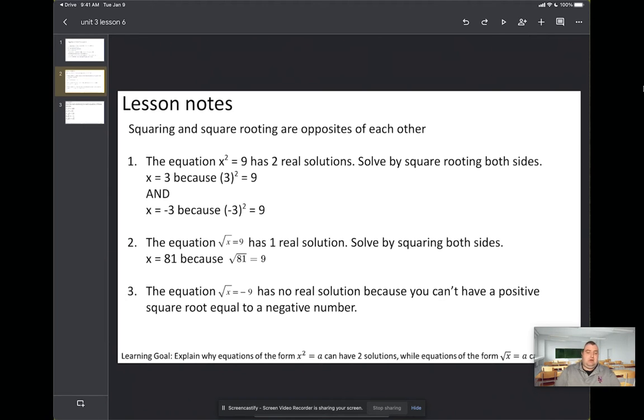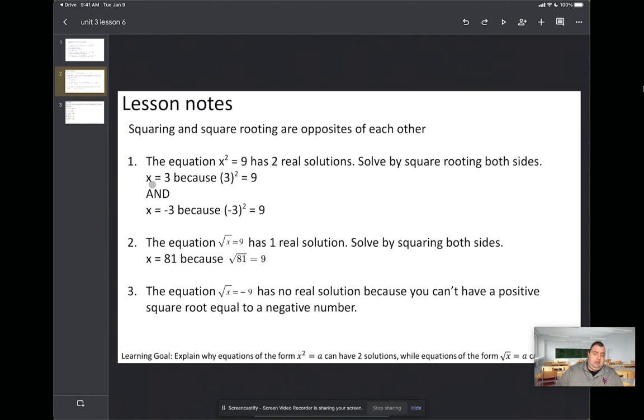We, of course, know already that squaring and square rooting are opposites of each other. So with that in mind, we know that the equation x squared equals 9 has two real solutions. We know that because we solve by square rooting both sides.